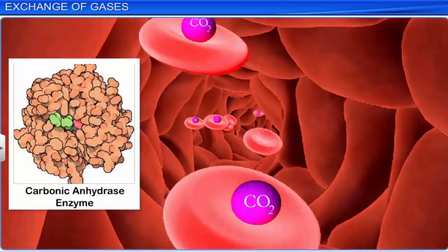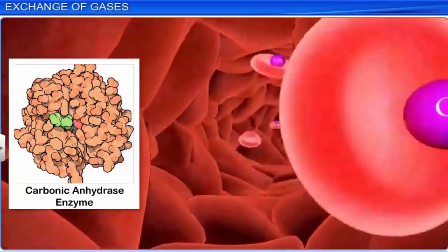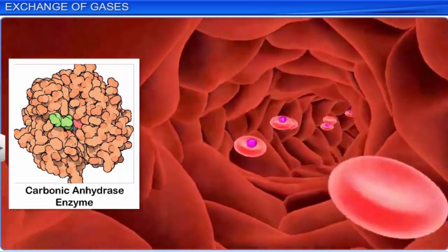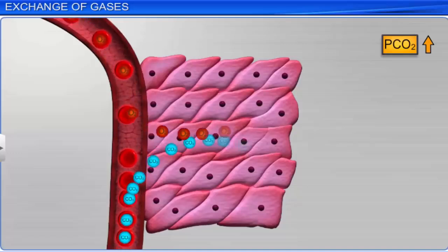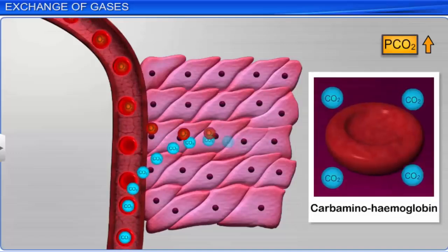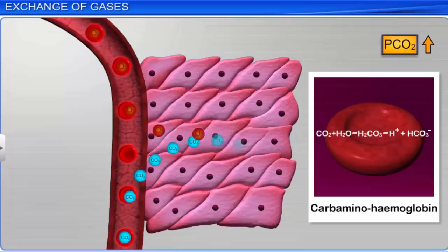The carbonic anhydrase enzyme present in red blood cells and plasma facilitates diffusion in tissues and alveoli. In tissues where the partial pressure of carbon dioxide is high, it diffuses into red blood cells and plasma to form bicarbonate ions and hydrogen ions.